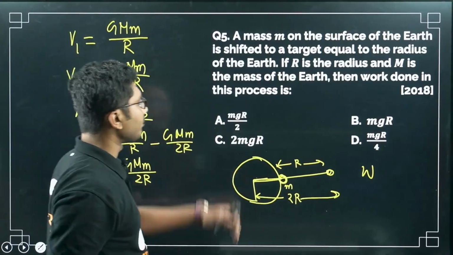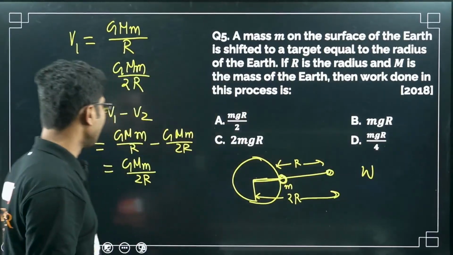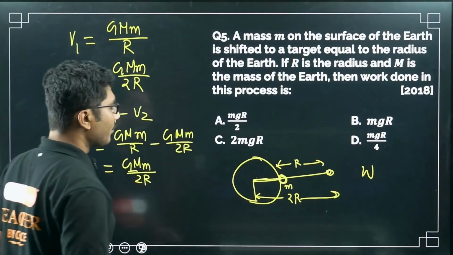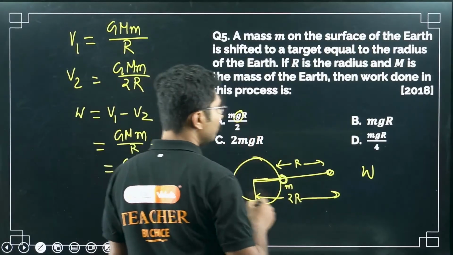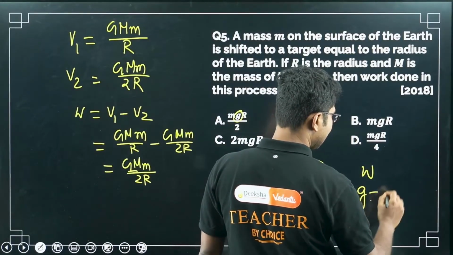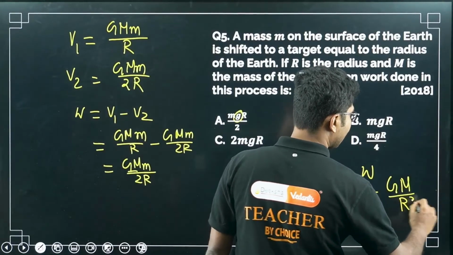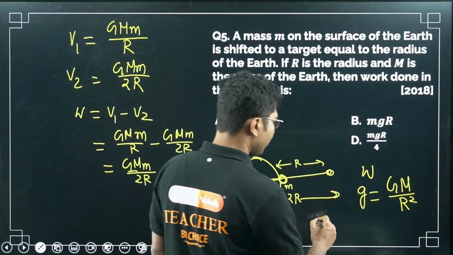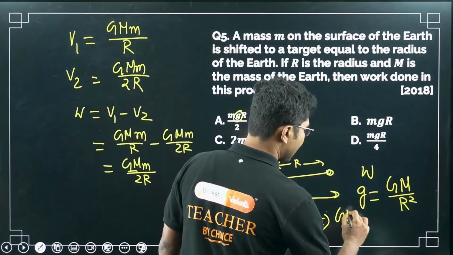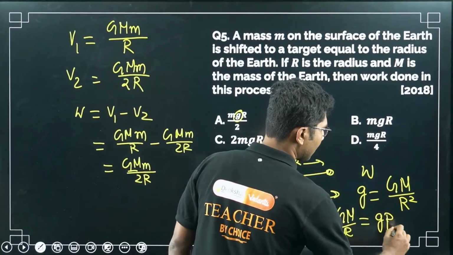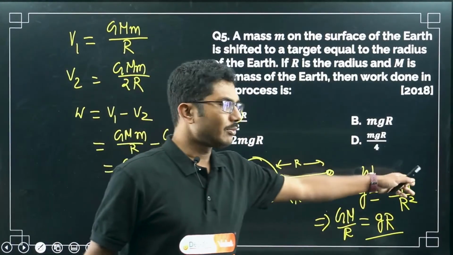But in the options, if you see, nothing is given about either G or M. So what we need to do is replace this value with g. What is g? g is nothing but GM by r square. So we will replace GM by r with gr, because we have multiplied r on both sides.